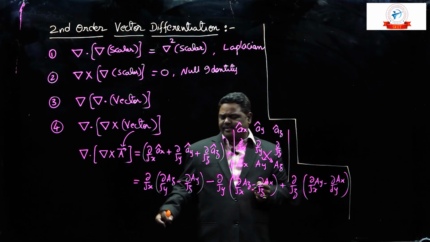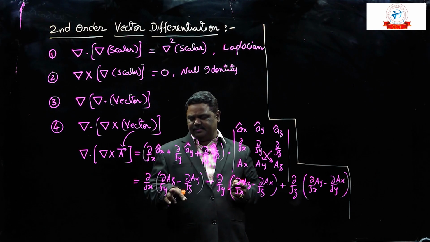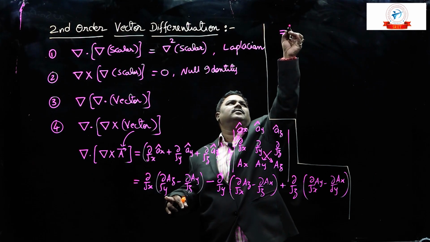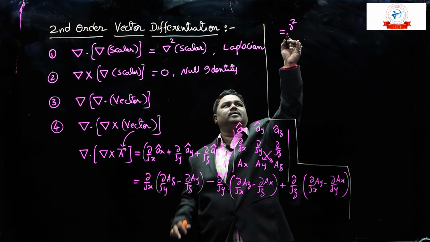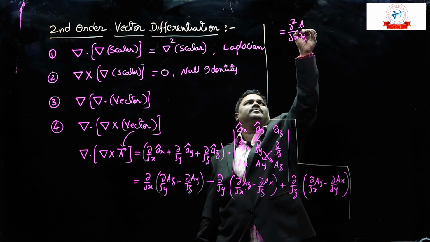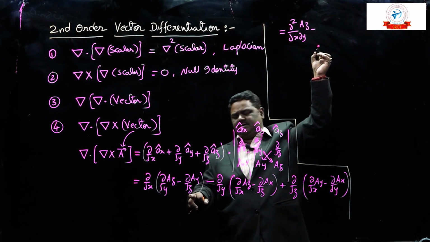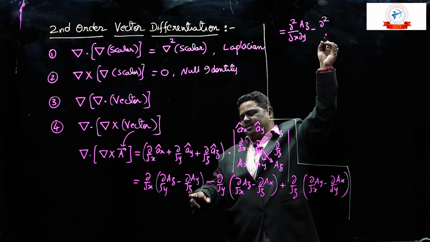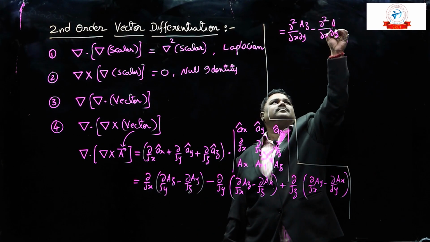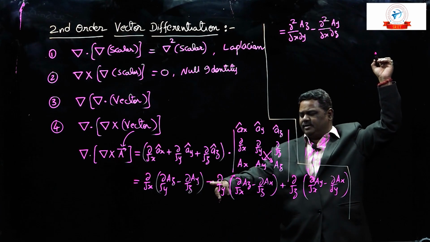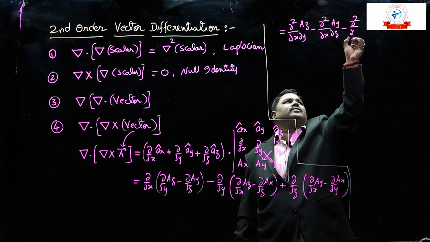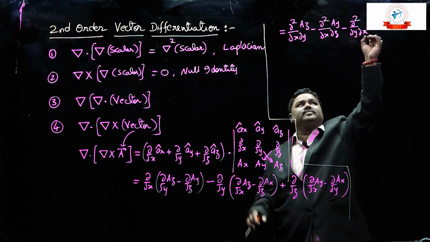Here we are applying differentiation a second time on az. So this multiplication will give us dou square by dou x dou y of az minus dou square by dou x dou z of ay. Then again minus dou square by dou y dou x of az.